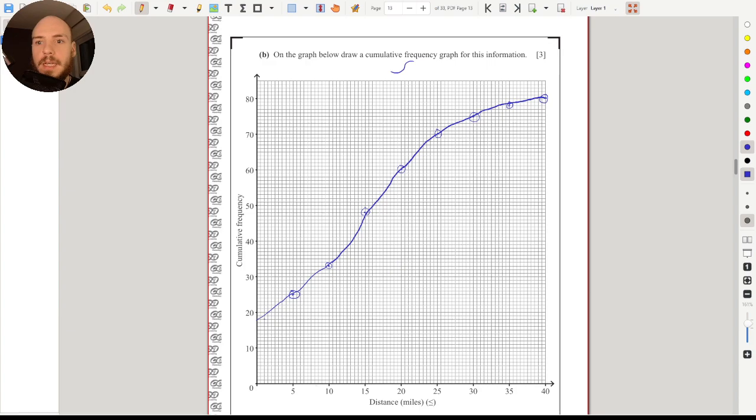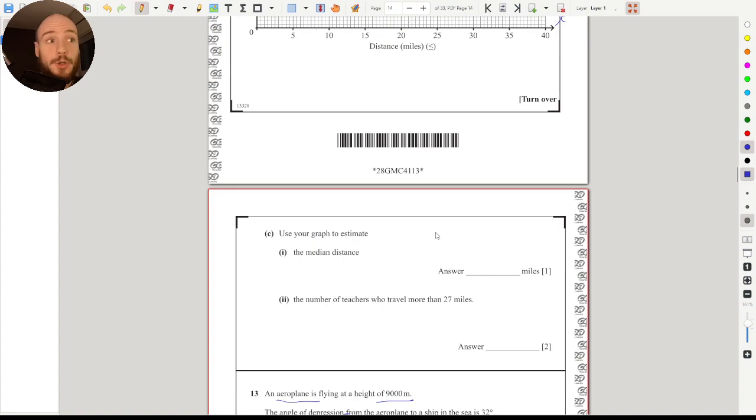It'll generally touch the y-axis. This is always our y-axis, this is always our x-axis, and it'll always level out up near the top.